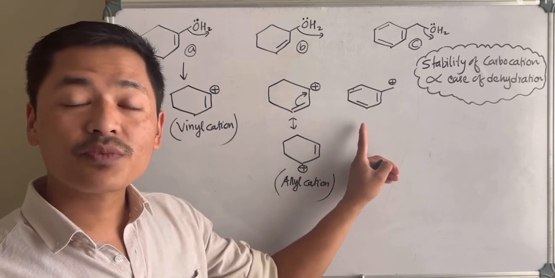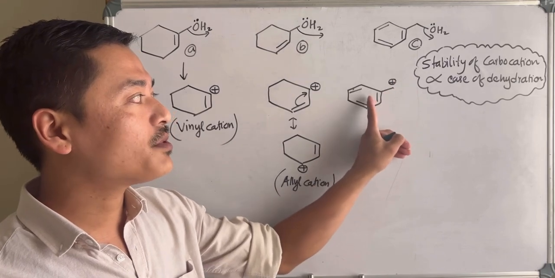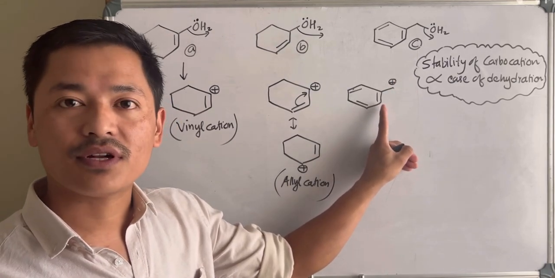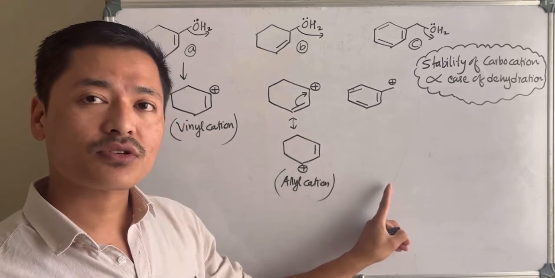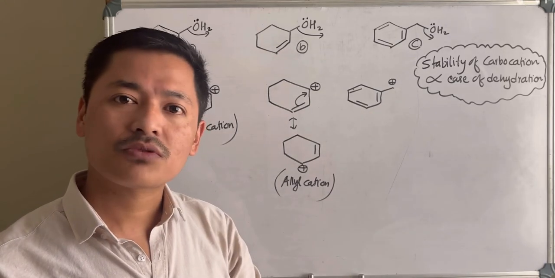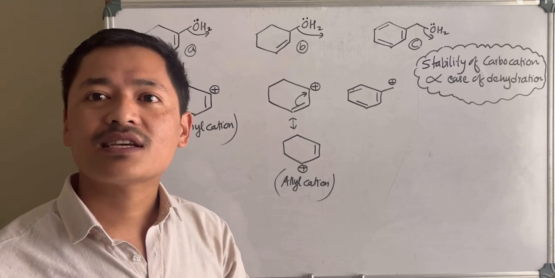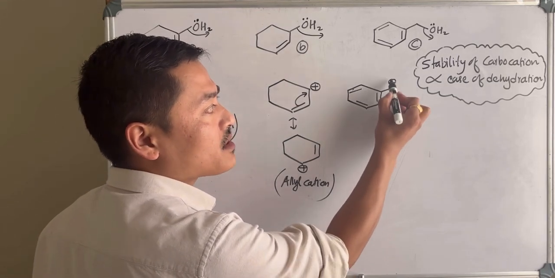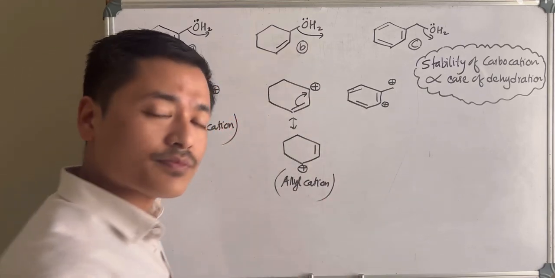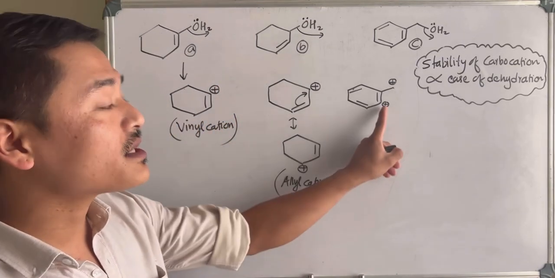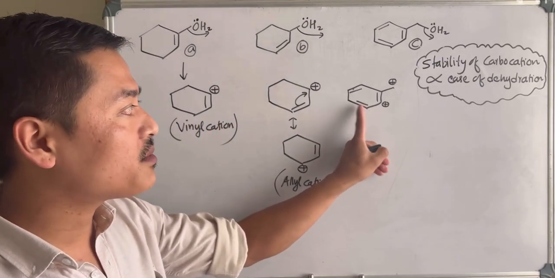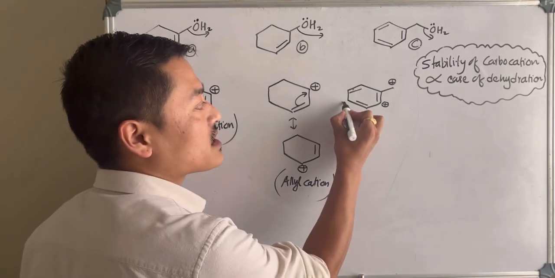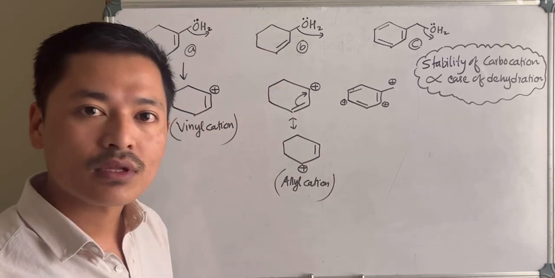Here, if you look at it properly, plus charge, single bond and double bond means the condition for resonance is fulfilled. It is not necessary to draw the resonating structures, but if you understand it, that will be sufficient. With this plus charge, single bond, double bond, the plus charge will be shifted to this position.